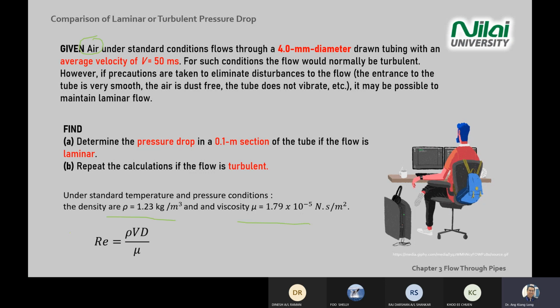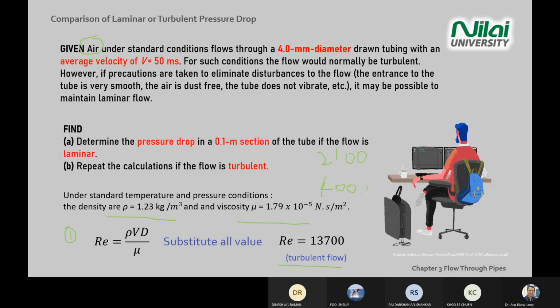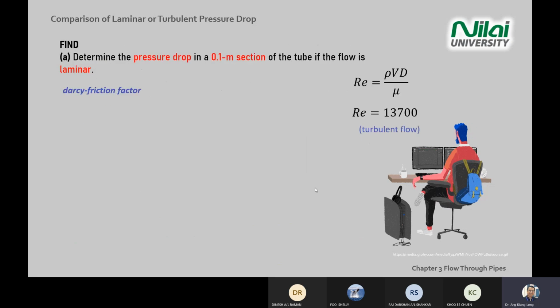From here, the first step is always to calculate the Reynolds number. Reynolds number equals rho V D divided by mu. You substitute and get a Reynolds number of 13700. This is a turbulent flow. Remember the magic numbers that we learned, 2100 and 4000? This number is more than 4000, that's why it is turbulent flow.